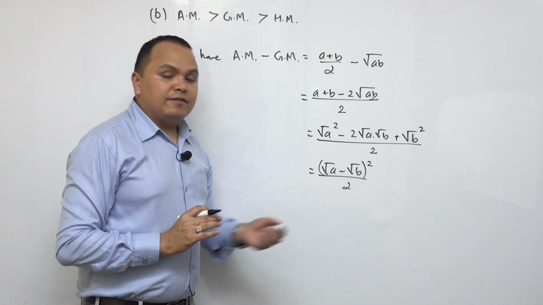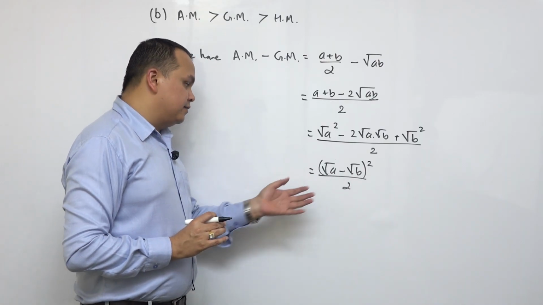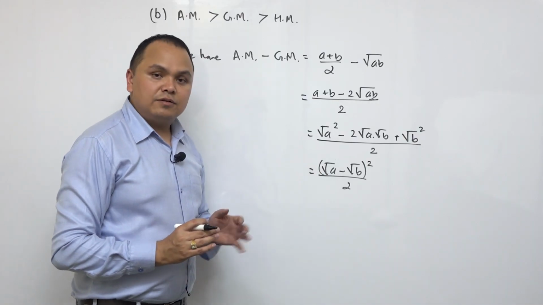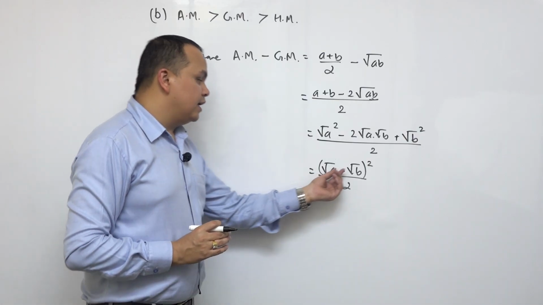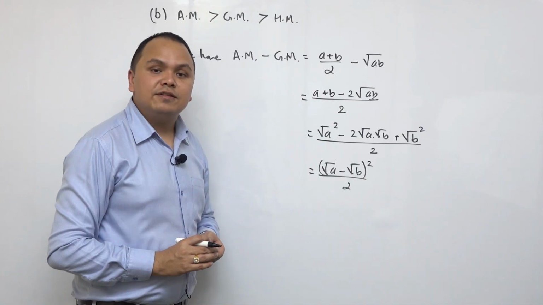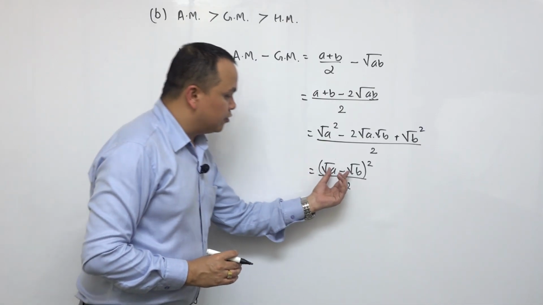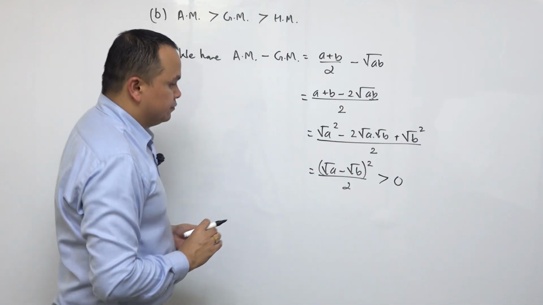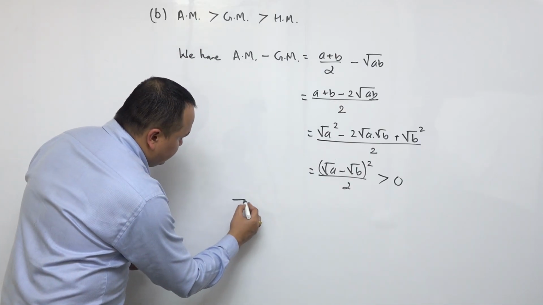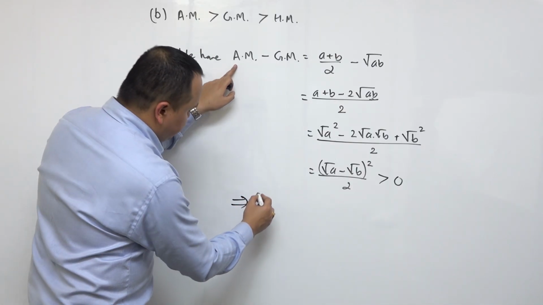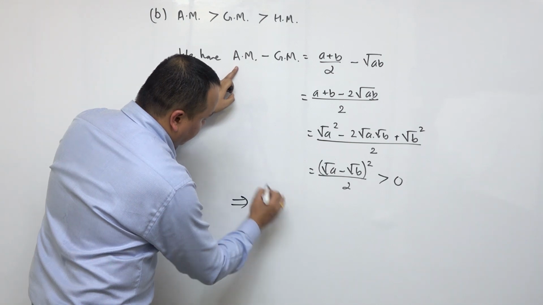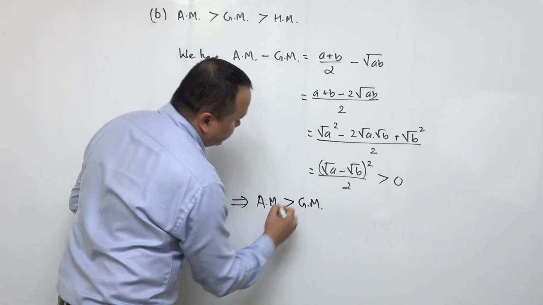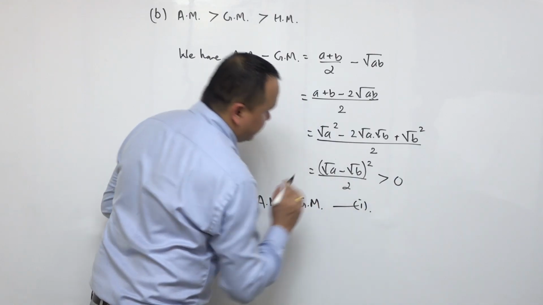Here A and B are different. Either A is greater than B or B is greater than A, but both are different. So root A minus root B whole square is always positive, a non-negative quantity. This implies AM is greater than GM, relation I.